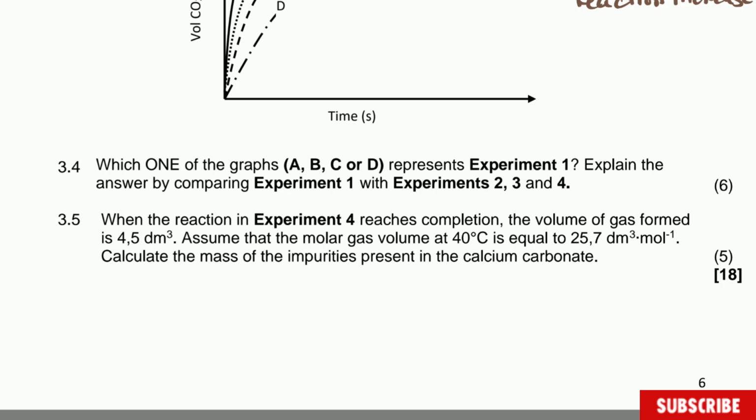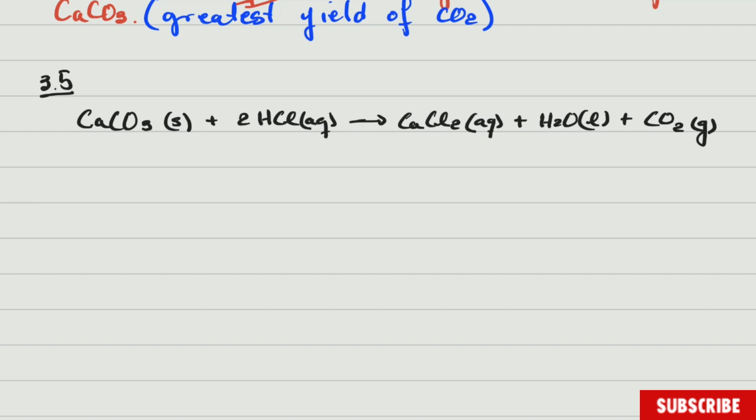When the reaction in experiment 4 reaches completion, the volume of gas formed is 4,5 cubic decimeters. Assume that the molar gas volume at 40 degrees Celsius is equal to 25,7 cubic decimeters per mole. Calculate the mass of the impurities present in the calcium carbonate. Okay, guys, so let's see. This is the question, this is the reaction, and they are telling you that the acid is in excess.